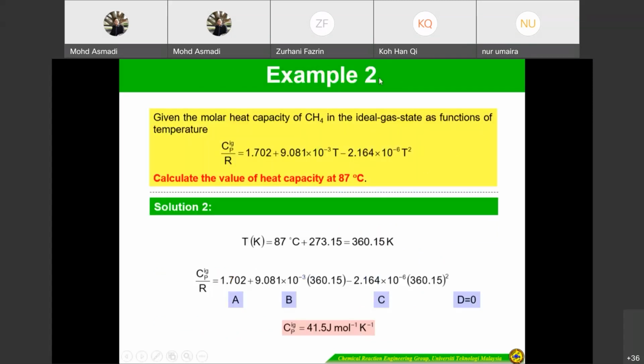Okay, if you look at this example, given the molar heat capacity of CH4 in the ideal gas state, it is already stated as an ideal gas. What you have to do is just substitute the temperature, so you can calculate CP. From this you can calculate the change in enthalpy. This is a very short example.